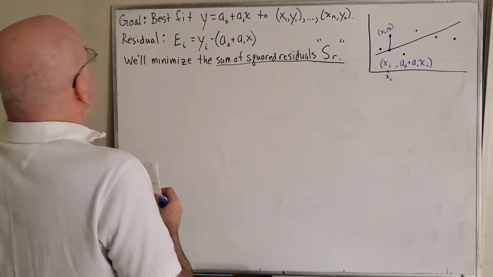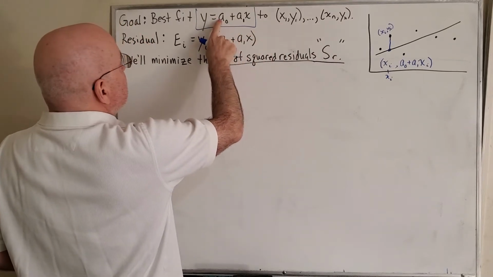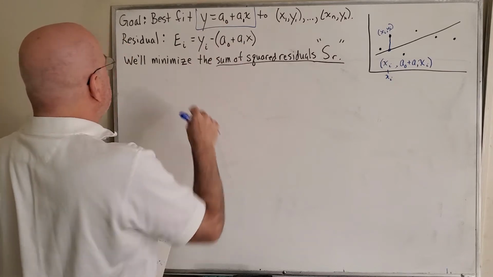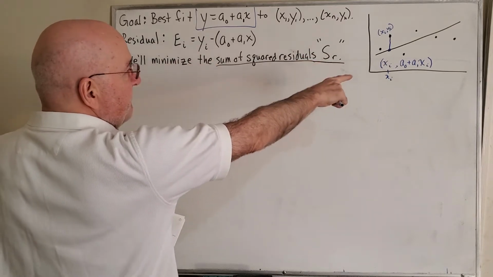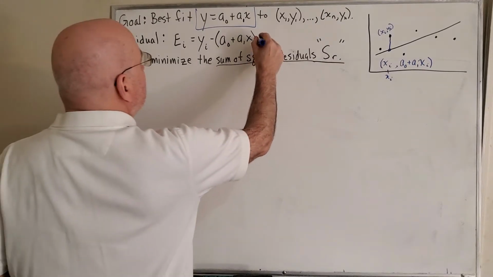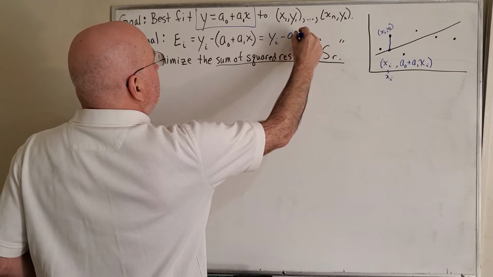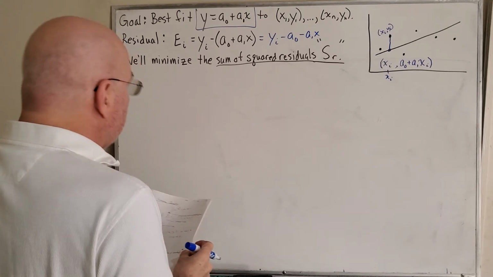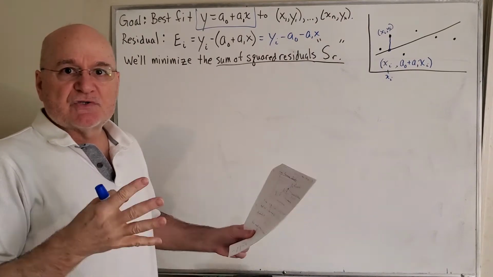Okay, so I wrote our goal, best fit this line to the data, which just means find the best possible value using the least squares method for A0 and for A1. I just defined our residual. Our residual is yi minus our predicted yi. And maybe I'll write this like yi minus A0 minus A1x. And we want to minimize not the sum of these, but the sum of those squared.